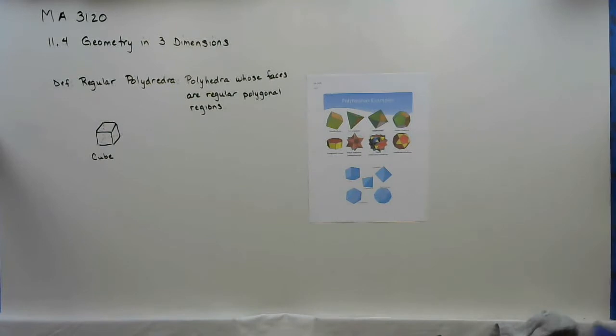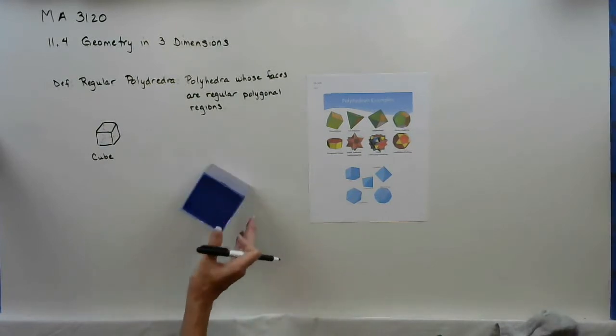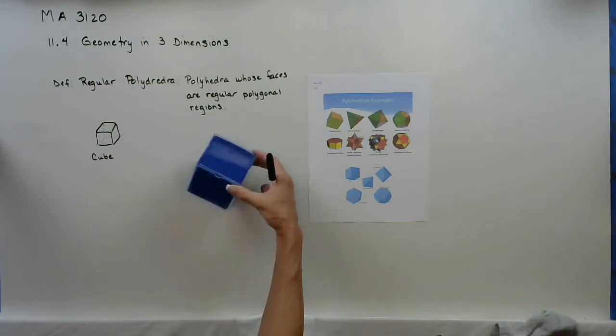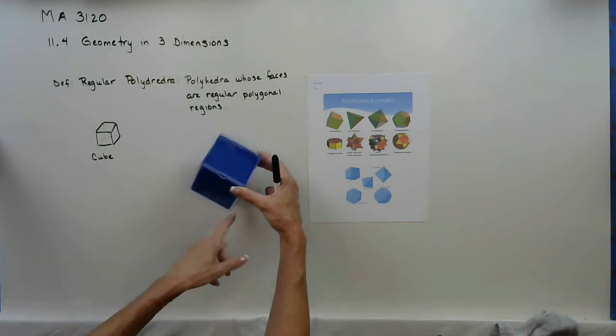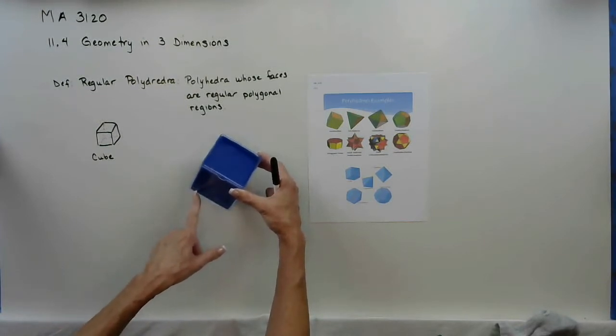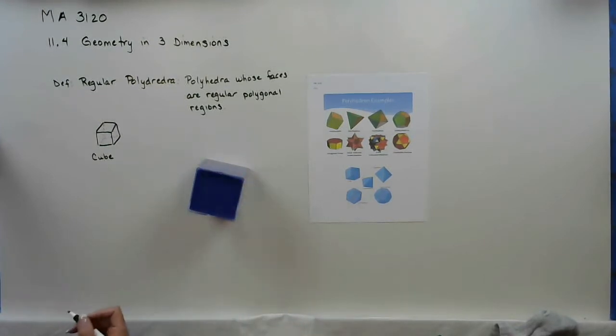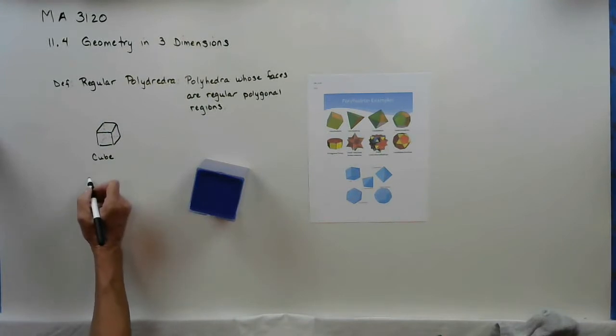I'll just grab the blue one. A cube is a regular polyhedra because every single one of the 6 sides is the same shape. Every edge is the same, every angle is the same, so therefore it's regular. This has 6 squares.